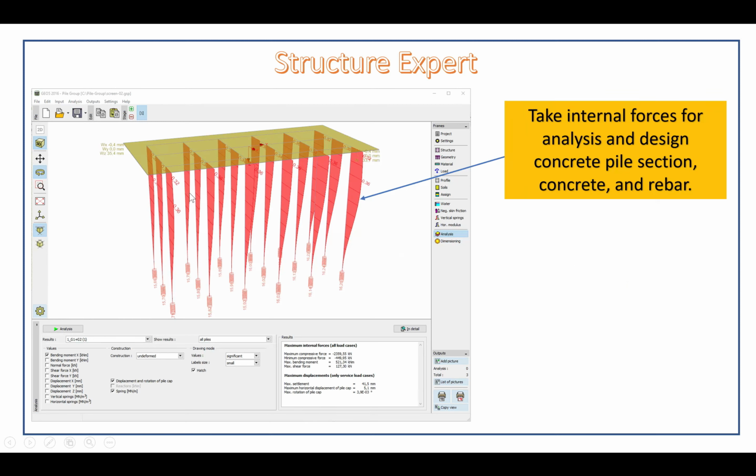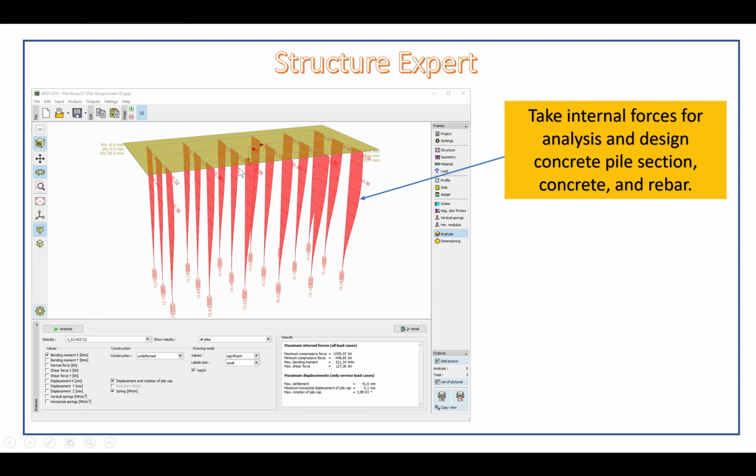You see here, it is a group pile. We analyze it as a group pile. After that, you will take one pile to calculate the rebar. Okay, you use one pile with the internal force M and V and deformation, etc., to calculate rebar. This is very important.